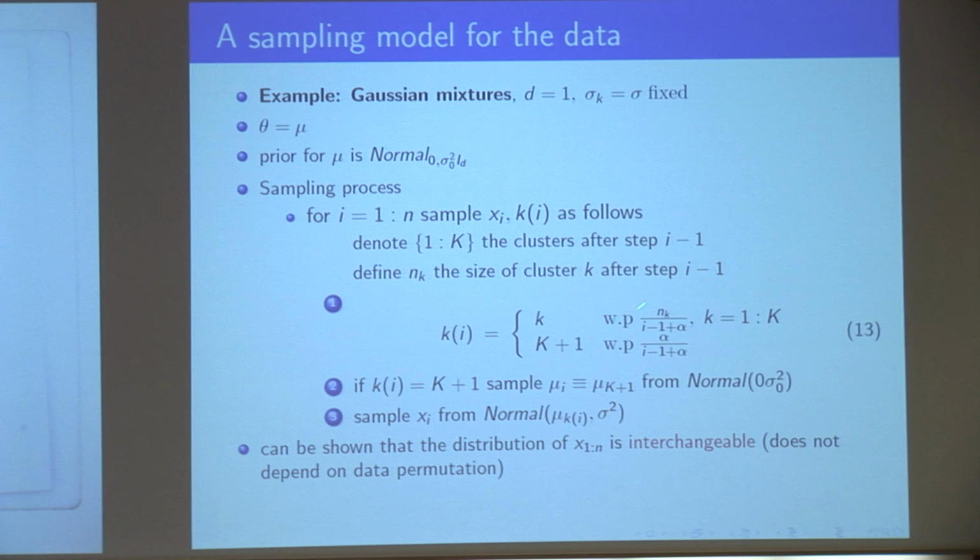I pick the new cluster with the probability proportional to the sizes, so larger clusters get a better chance of getting this point. These things would sum to 1 if I wouldn't have this alpha minus 1 in the denominator.